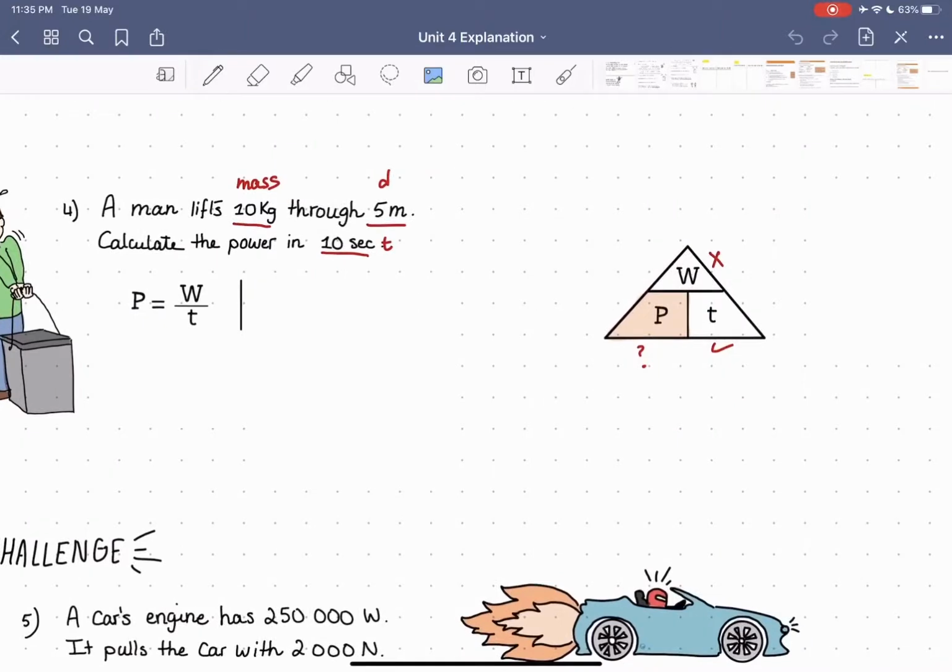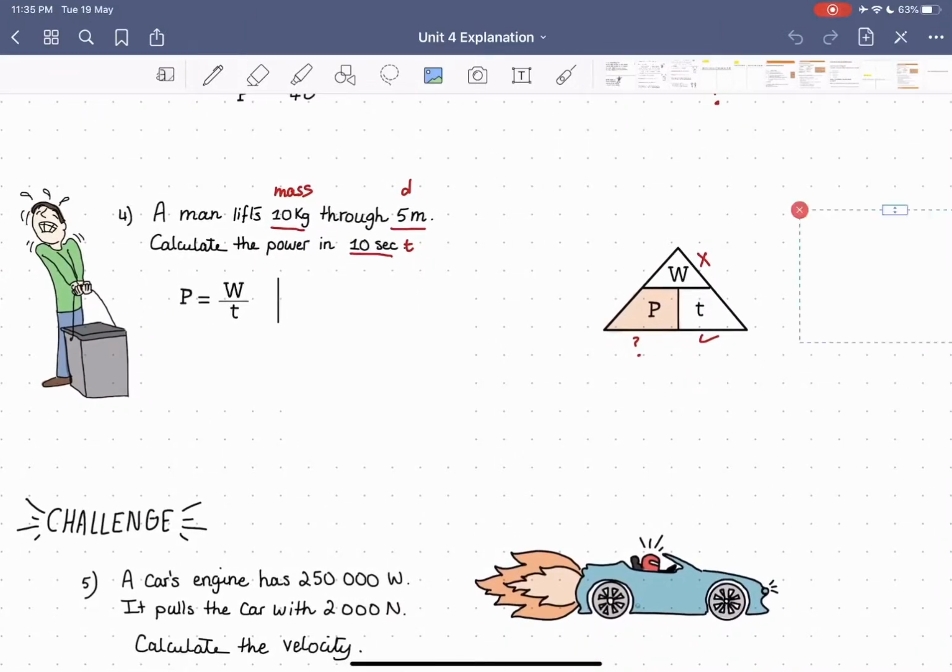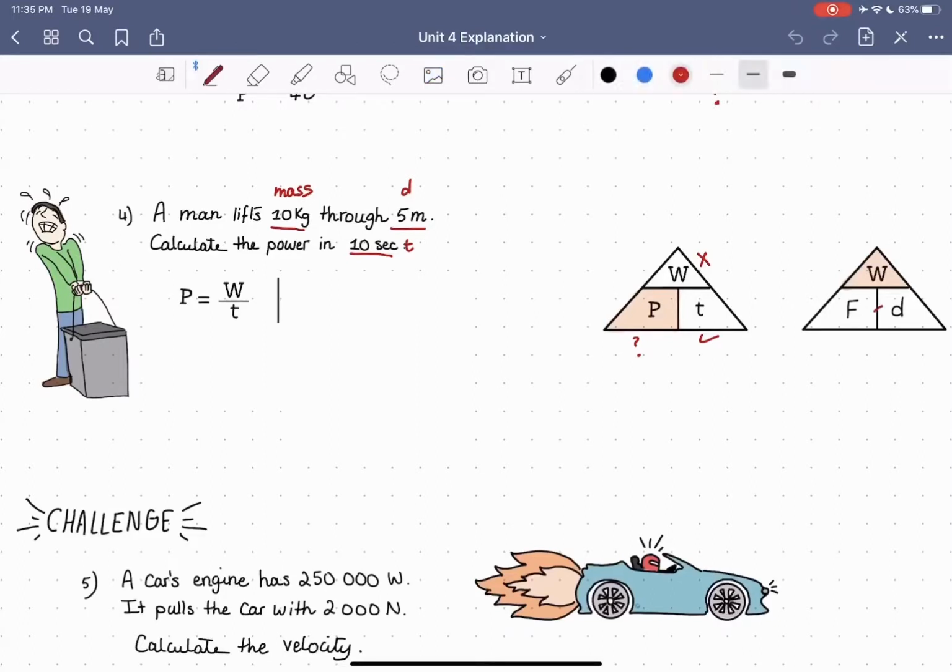Okay, so the formula of work that we already know is work is equal to the force multiplied by the distance. And since this man is lifting, this is the weight, and this is the object, and it has a weight. So in order for the man to be able to lift this weight, we know that the man needs to exert an equal force in the opposite direction in order to lift the 10 kg.